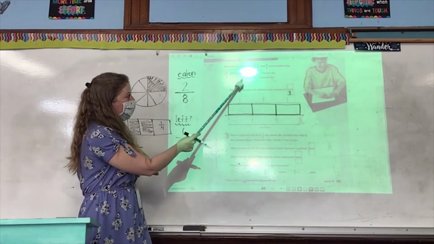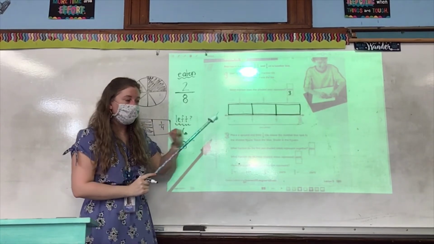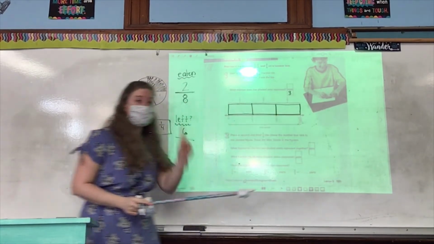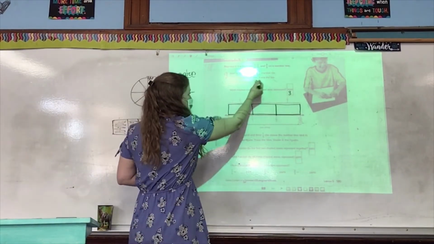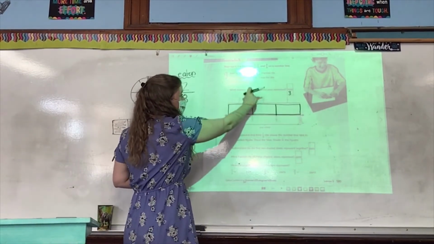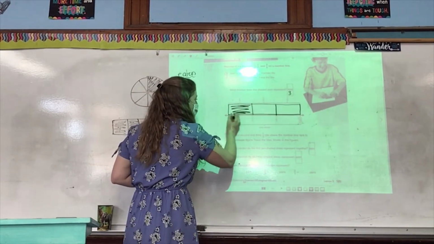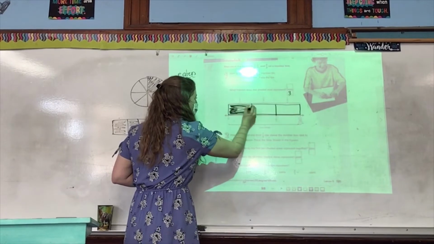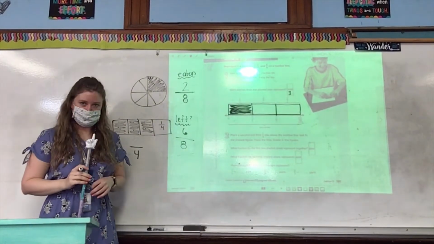Now let's go back. It says put a 1/3. Remember, each of these represents 1 out of 3, or 1/3. So I know if I am tracing one 1/3 tile and then shading, I'm only shading 1 out of these 3 pieces.